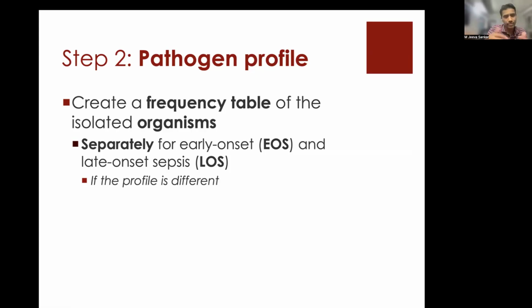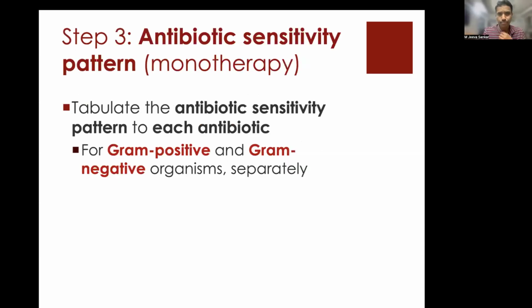That's a general belief based on the data we have, and over the years you have learned this. But if your unit is special and you actually have a different pathogen profile for each onset, then you need to have separate sheets for that as well. Otherwise, we just have one table, irrespective of the onset, for the common pathogens.